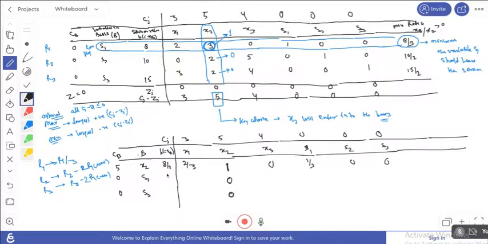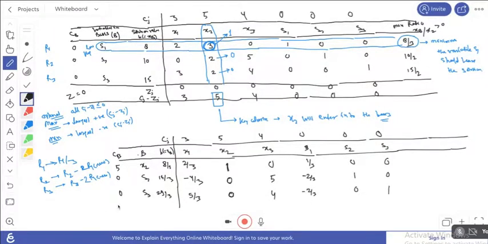For the same operation, this becomes 14 by 3, and this is minus 4 by 3. This term is 5, this is minus 2 by 3. By using row operations you find these values: this is 29 over 3, this value is 5 by 3, and this is 4, minus 2 by 3, 0, 1.